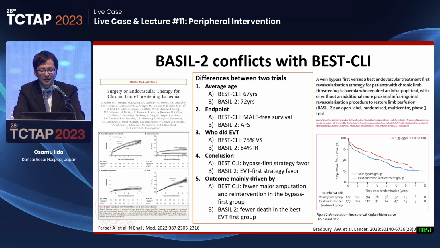In the BEST-CLI trial, 75% of the endovascular procedures were done by vascular surgeons, while 84% were done by IR in the BASIL-2 trial.